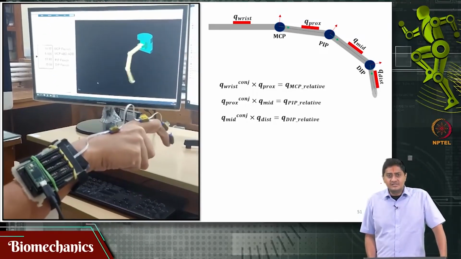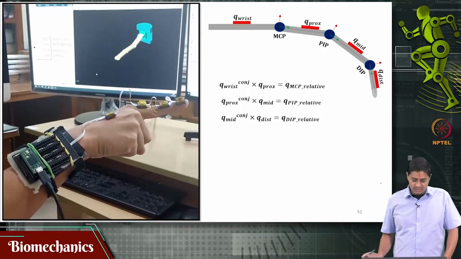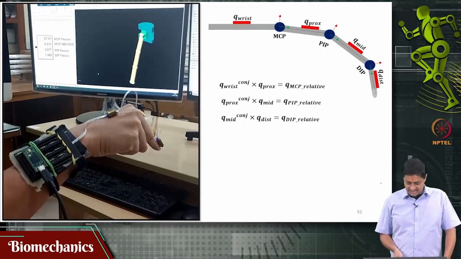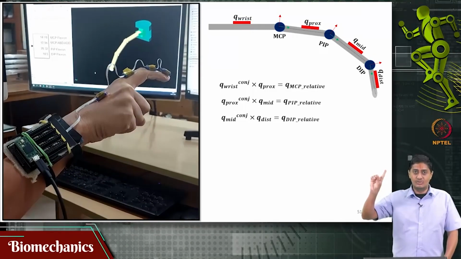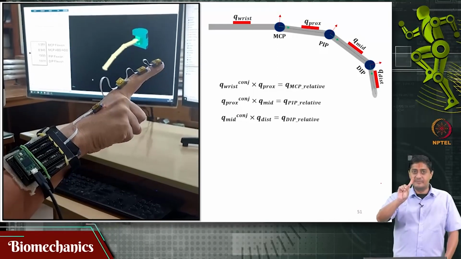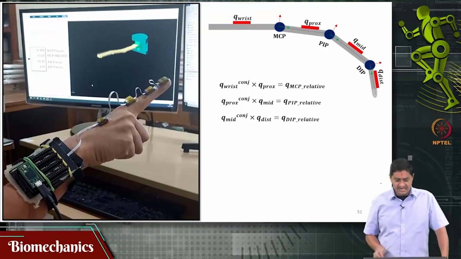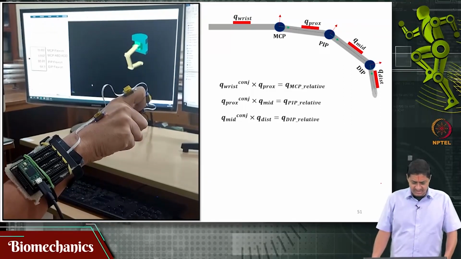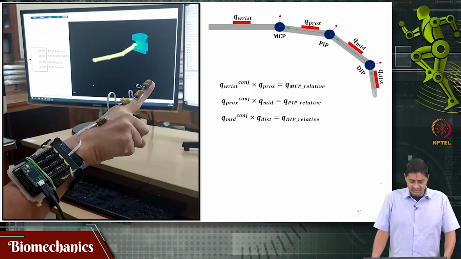The MCP joint is modeled as a 2 degree of freedom joint, and you can see now as I am speaking that the second degree of freedom is also captured, that adduction movement is also being captured by this relatively accurate system, and you see that it is outputting this in real time, right.